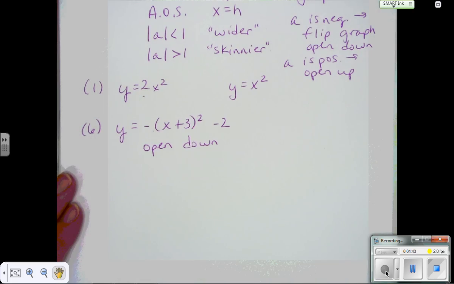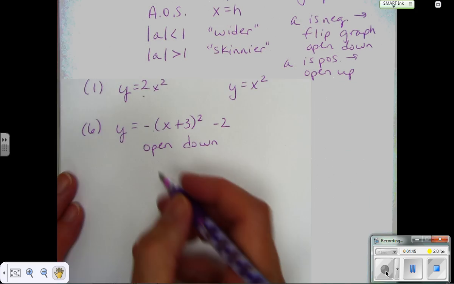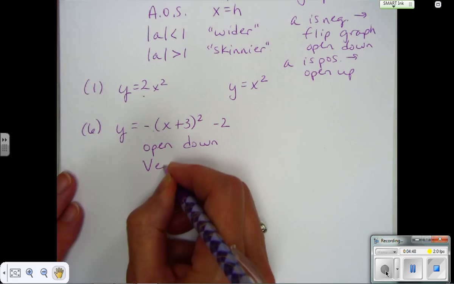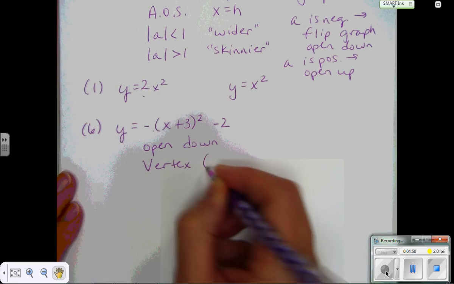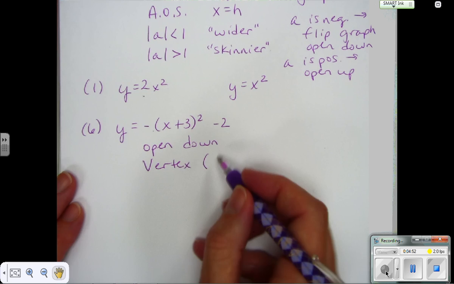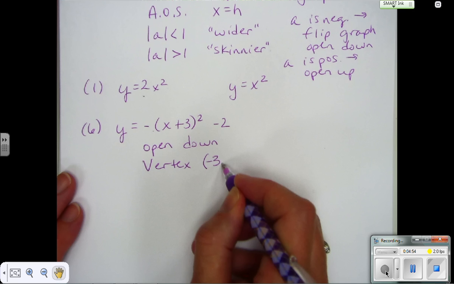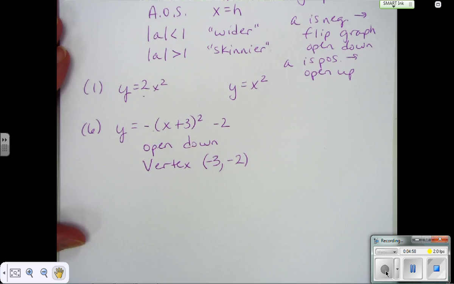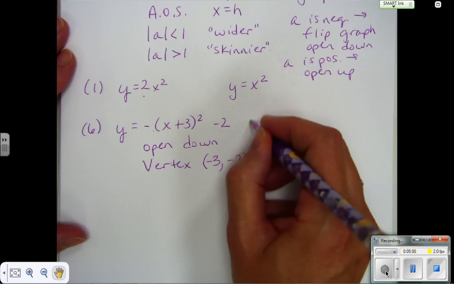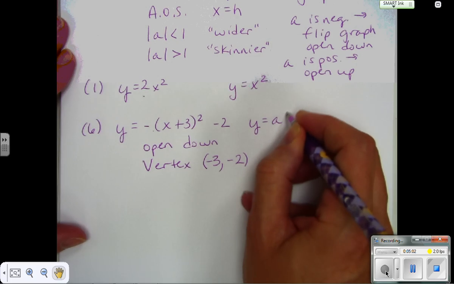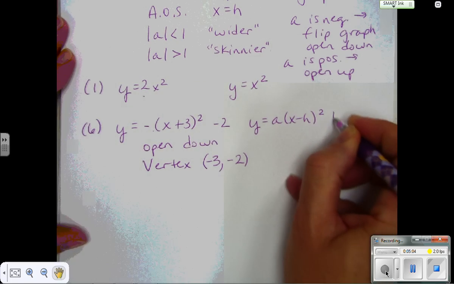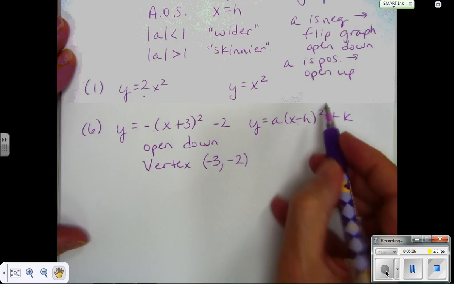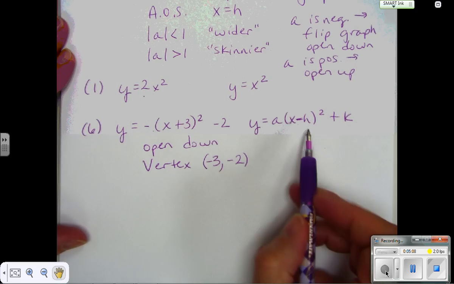And then the other transformation is from the h and k. So your vertex is being shifted to (-3, -2). I'm just going to write the vertex form right beside it. y = a(x - h)^2 + k. So the minus is part of your equation.